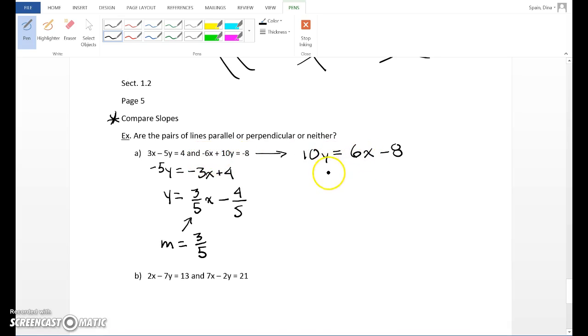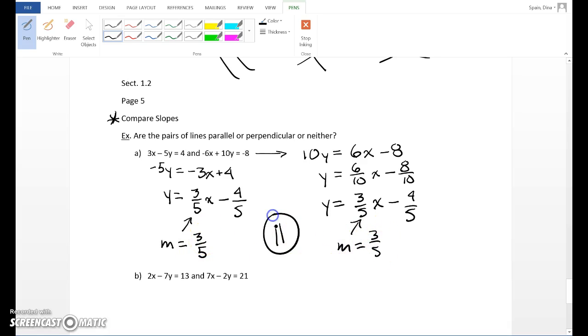When I divide through by 10, let's reduce both of those so we can see that a little better. 6 over 10, if we take them both down by 2's, and this down by 2 also, that comes out to be exactly the same, right? The exact same line. m equals 3/5. We're just comparing the slopes, so our answer here is parallel.